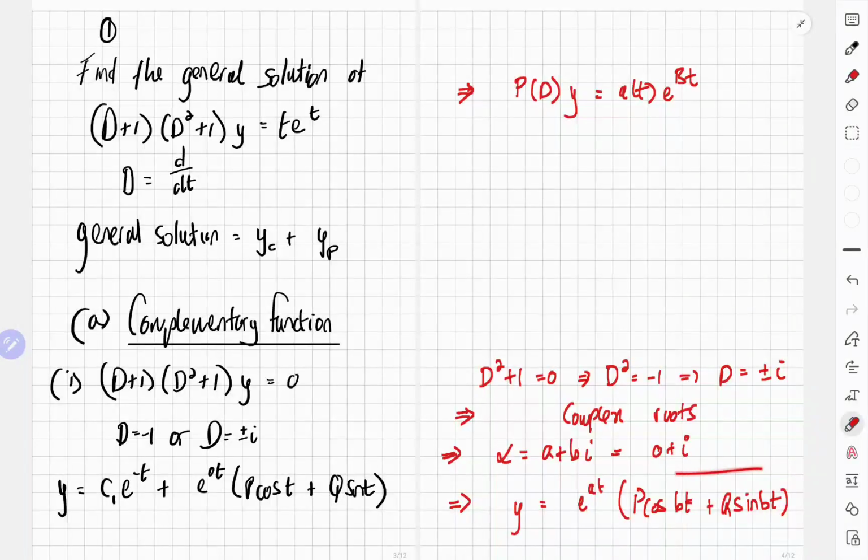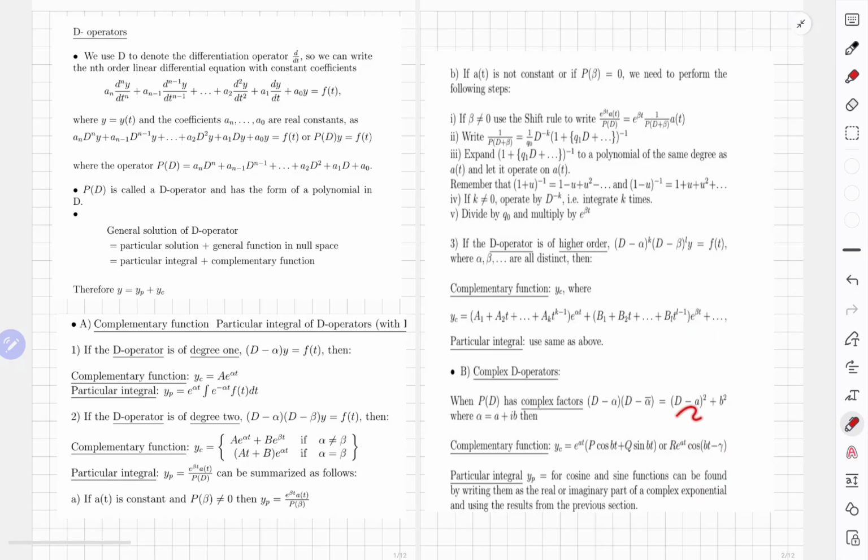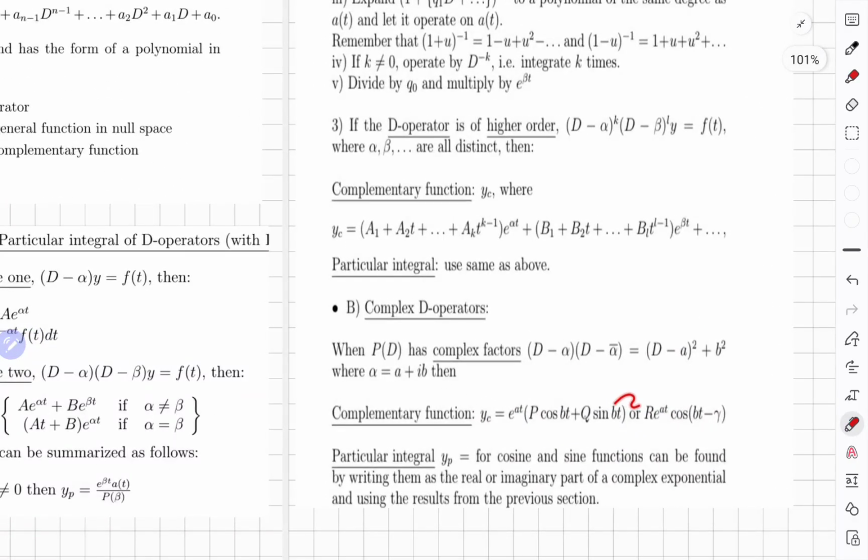Then always remember, for complex roots, your complementary function will be e to the at, p cos bt plus q sine bt. So that's what we always use when we get the complementary function for complex roots.